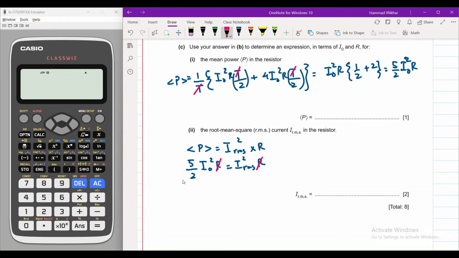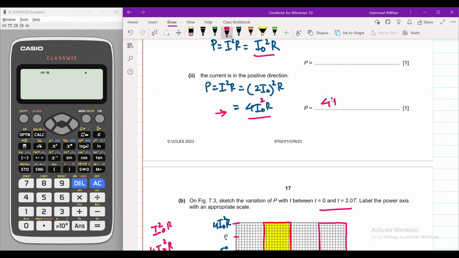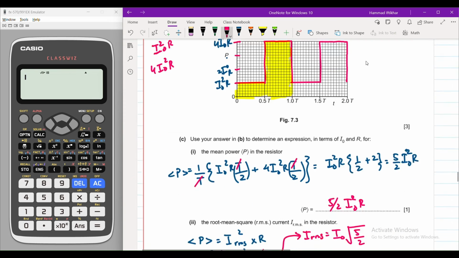So I squared RMS is equal to 5 over 2 I naught squared, so I RMS is equal to I naught times root 5 over 2.